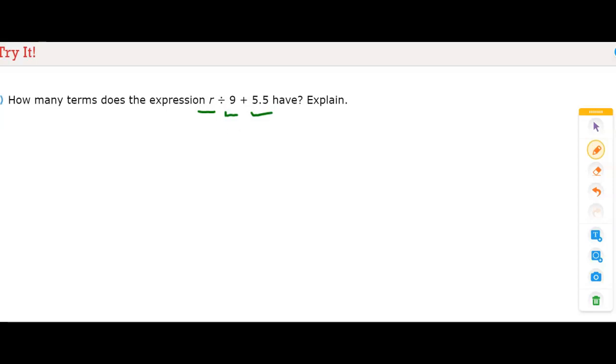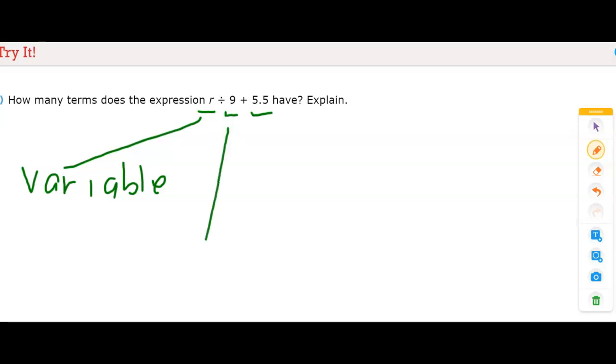So r is our variable. Then we have the 9, which is going to represent just the number. That's our number.